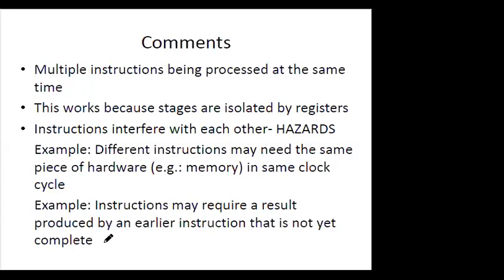It waits until that value is generated or updated. So it has to wait. That waiting stalls the pipeline, and this type of dependency, this hazard, is known as data hazard. We'll discuss them in detail.